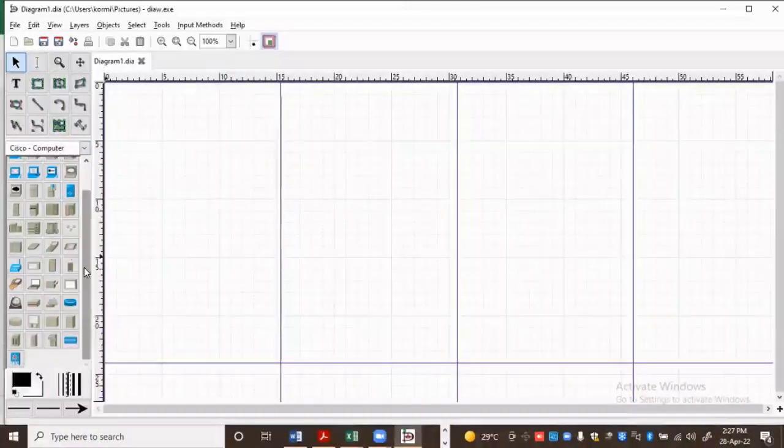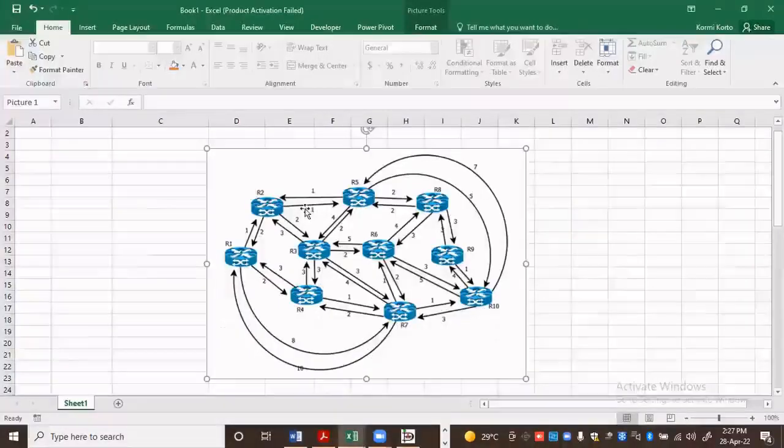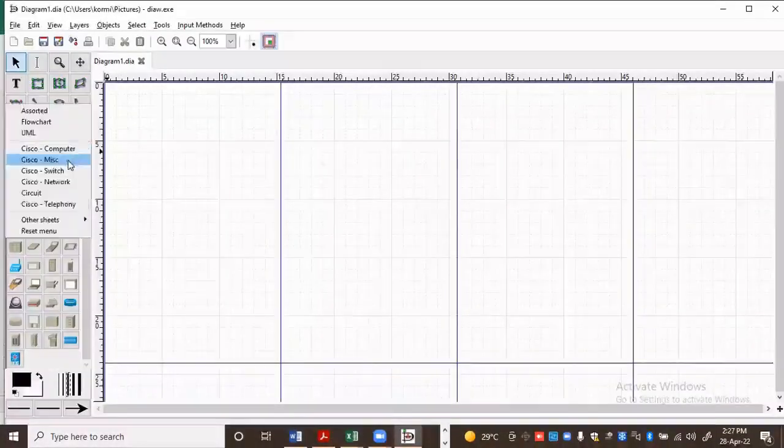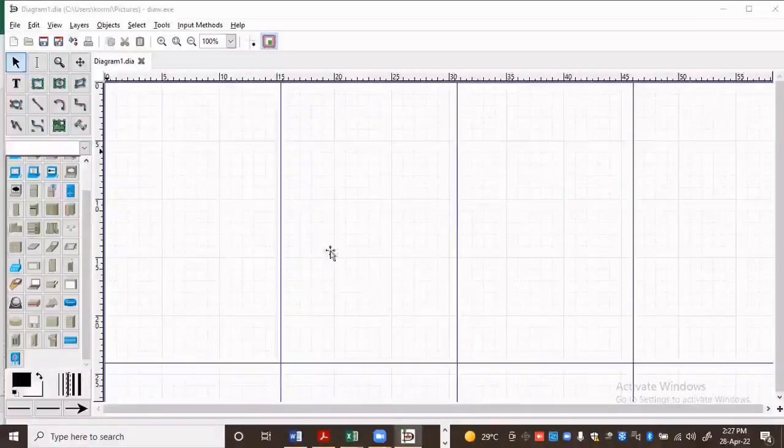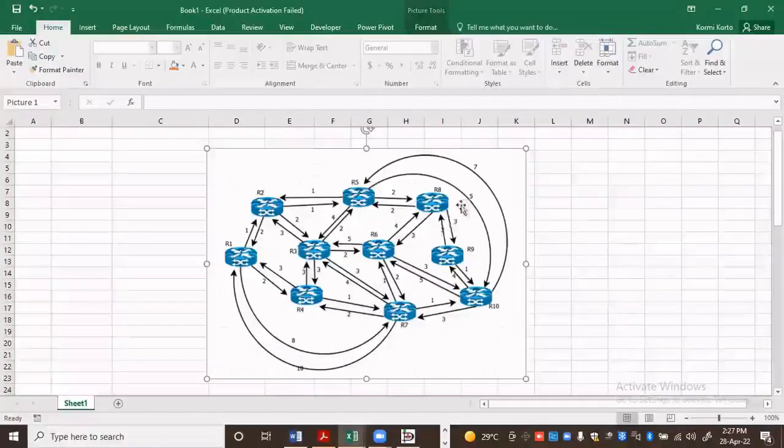That's the beauty of it. Coming back to this diagram here, it is more or less one implementation. I call it an MPLS network.